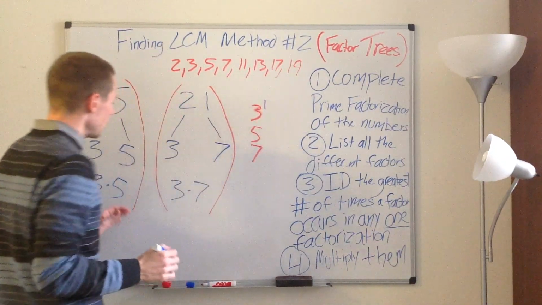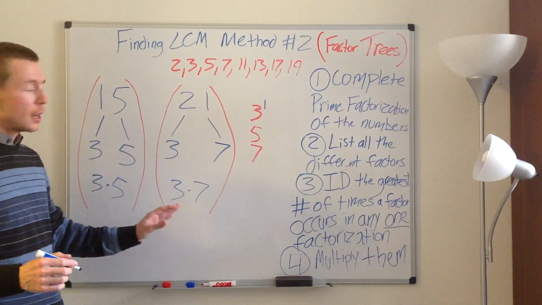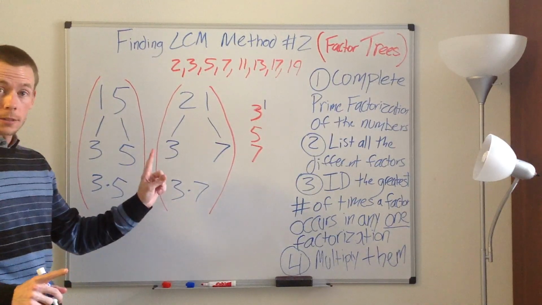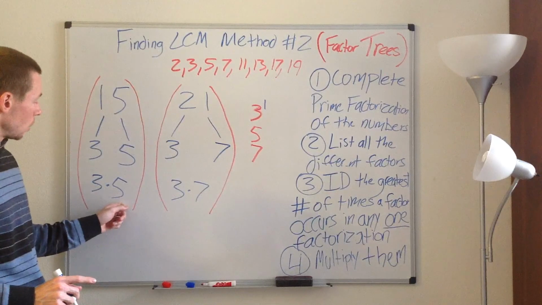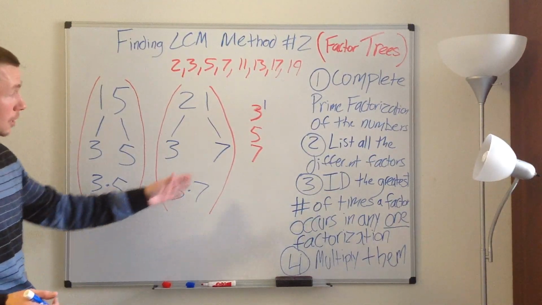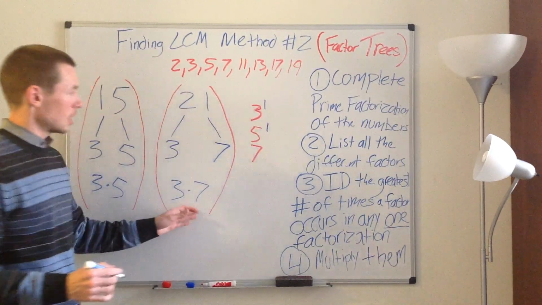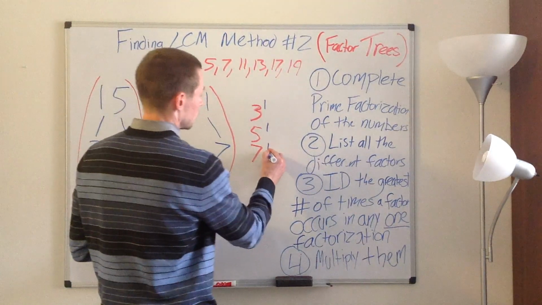So even though you see the 3 appear twice across both numbers, in any one factorization, it only occurs once. That's the greatest occurrence of a 3. What about 5? Well, here it only occurs once, and it doesn't even occur in the 21, so it is just once. And the 7 only occurs in the 21 and not the 15, so it also is just once.